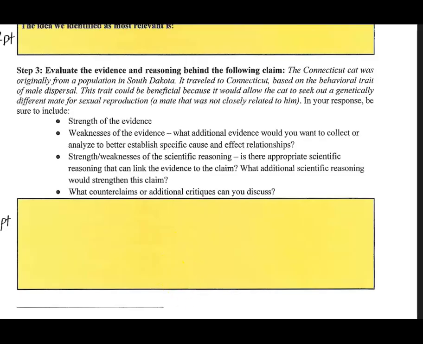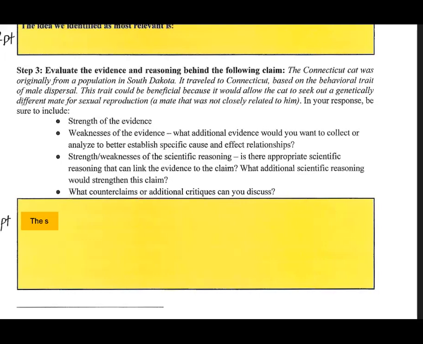I'd say, okay, so to begin with, I'd say that the strength of the evidence is low. And that's because if you go back to the claim, it says that the cat was originally from a population in South Dakota. It traveled based on the behavioral trait. There's no actual evidence stated in the claim.